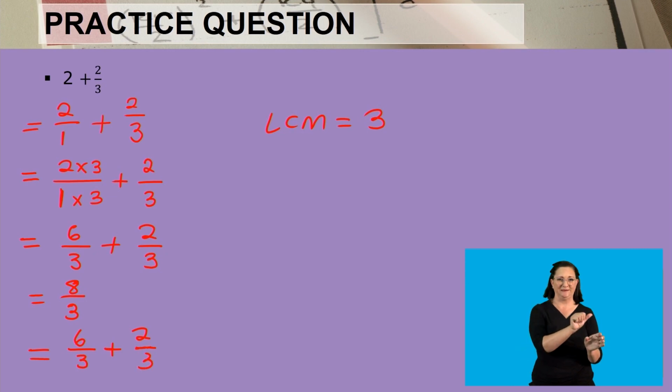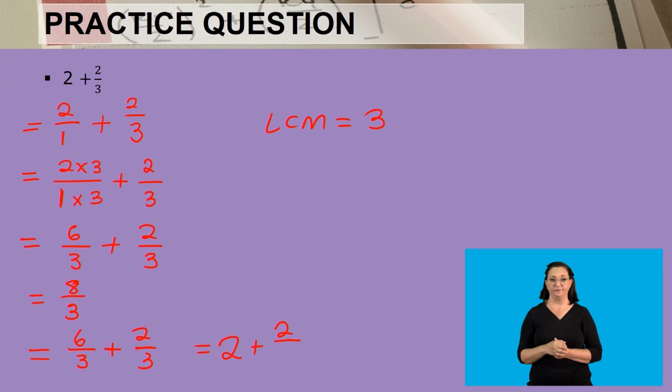Why did I choose 6? It's because it is part of the multiples of 3. I now know that 6/3 is going to give me a whole number. So if I say 6 divided by 3, that is just going to give me a whole number 2, and that is going to be 2 plus 2/3.